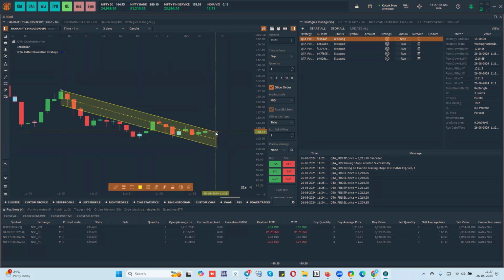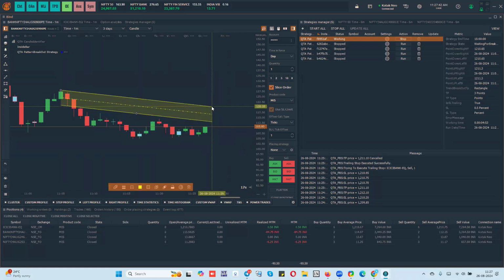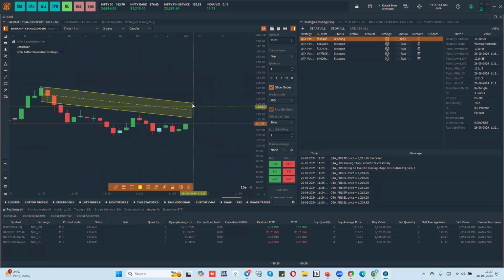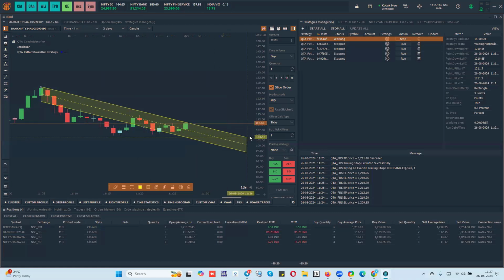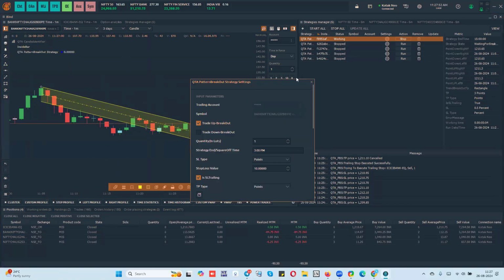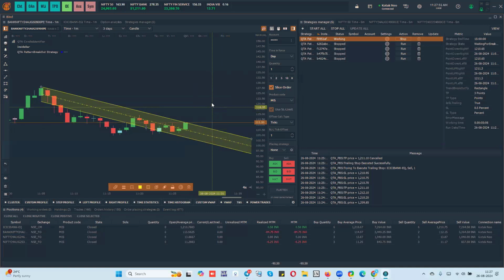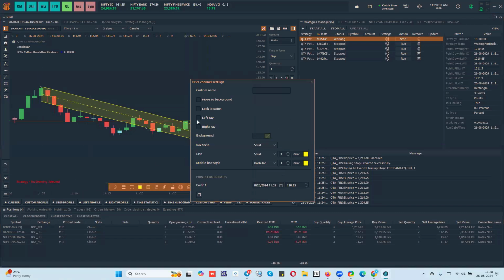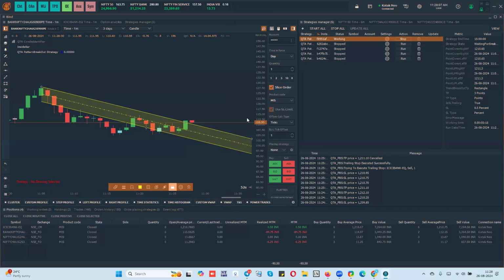You can even trade both sides in the case of a price channel, but in this particular strategy I have selected only the buy direction. Let's click on the control key. Sorry, I have not given the name. If I do not give any name, it will not do any trade. So I have to write QTA here and lock the location. That's important.